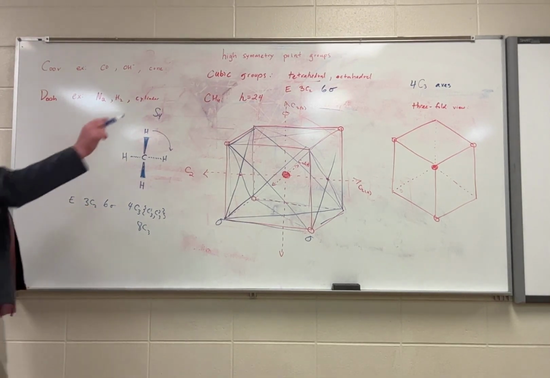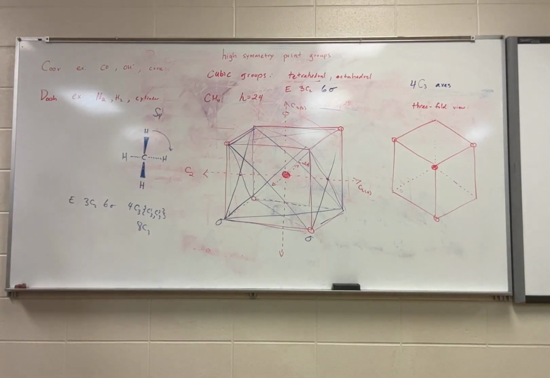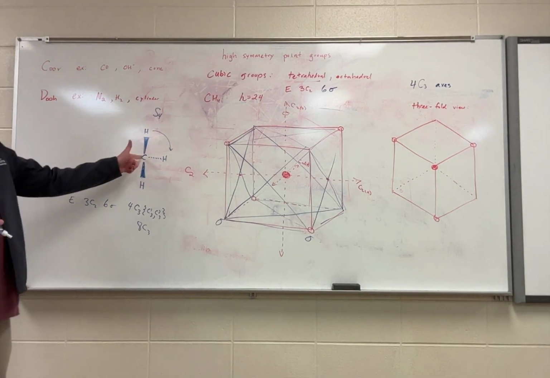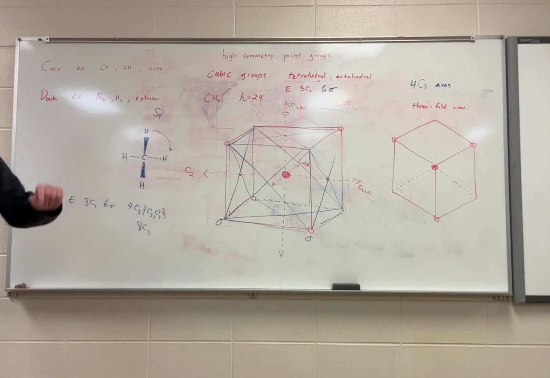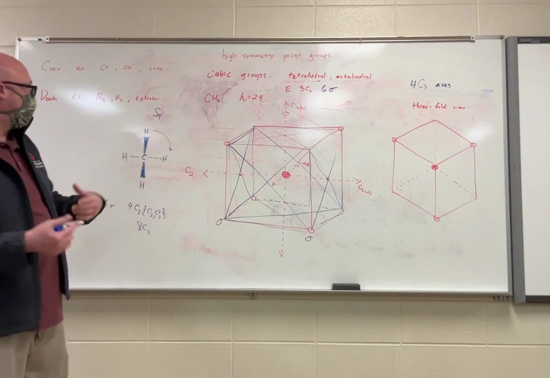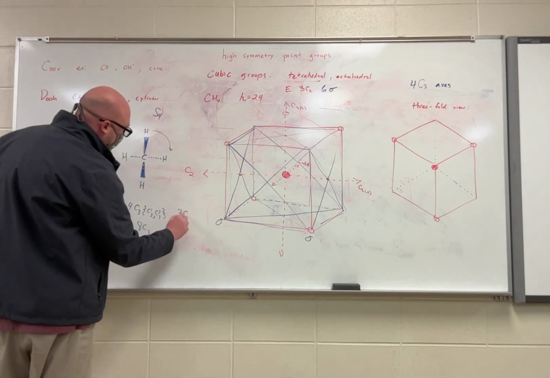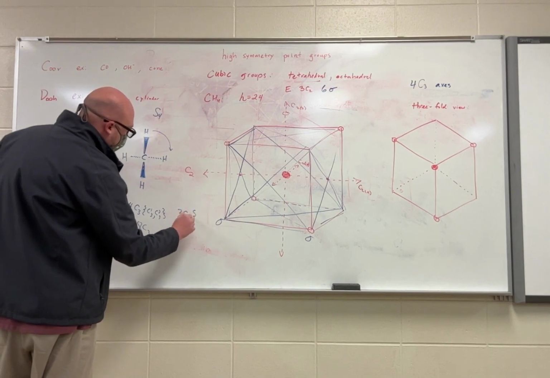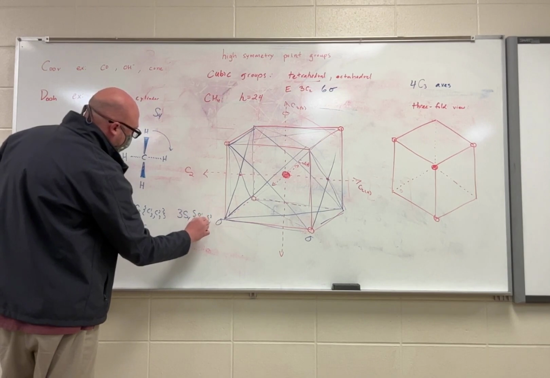And then the others are the S4s. There are 3 S4s because we have 6 edges of the tetrahedron, and each S4 goes through the edge centers of opposite edges of the tetrahedron. So it contains 2 edges. 6 over 2 is 3. So 3 S4 axes. Each one of these generates a unique S4^1 and an S4^3.